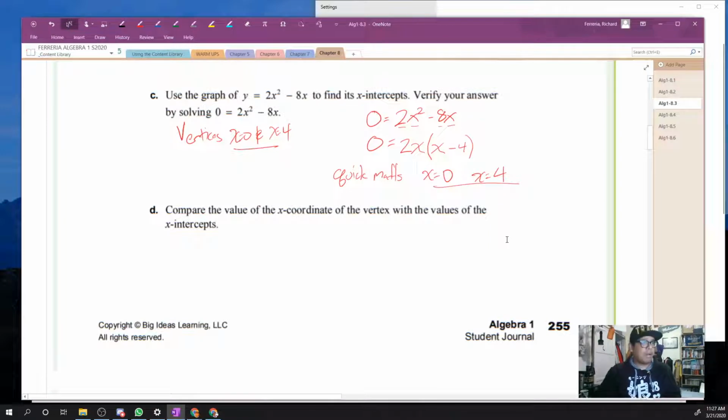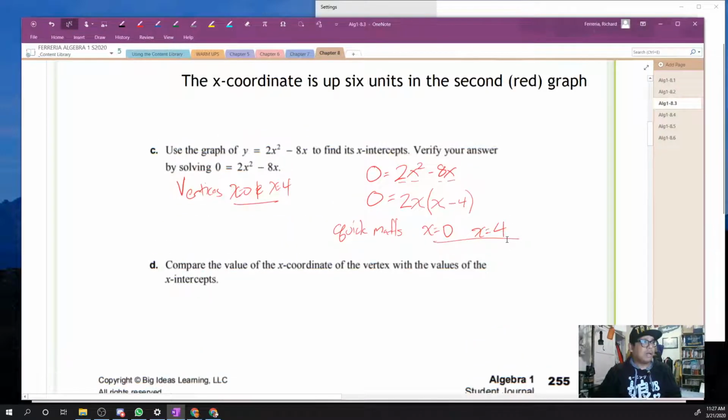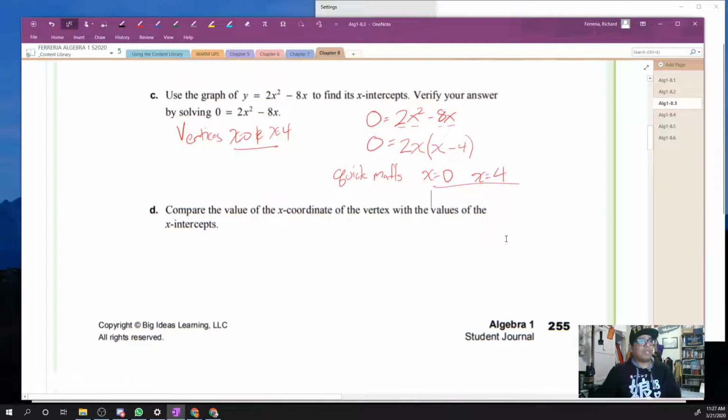So compare the x-coordinate of the vertex and the values of the intercepts. The vertex was x equals 2, and the x-intercepts were 0 and 4. So what do we notice if we graph those on a number line?